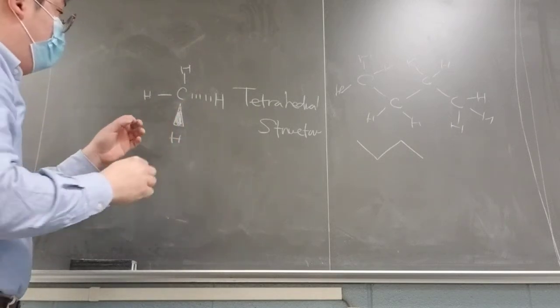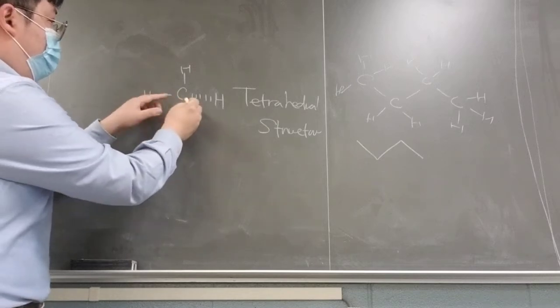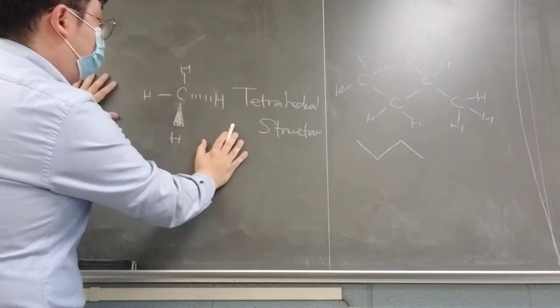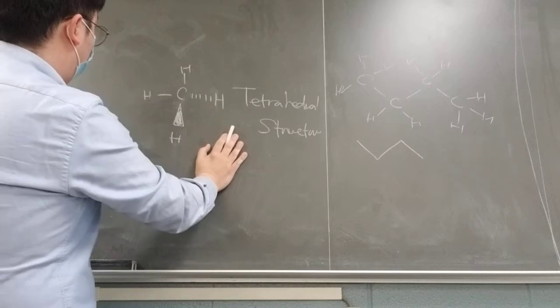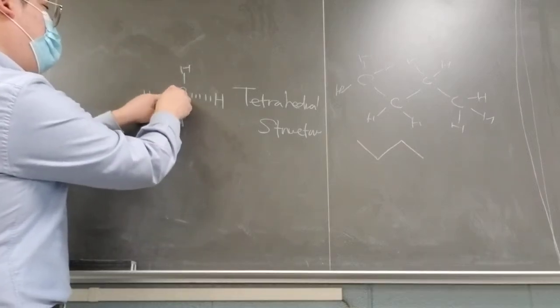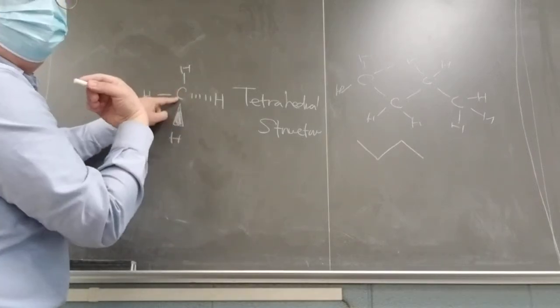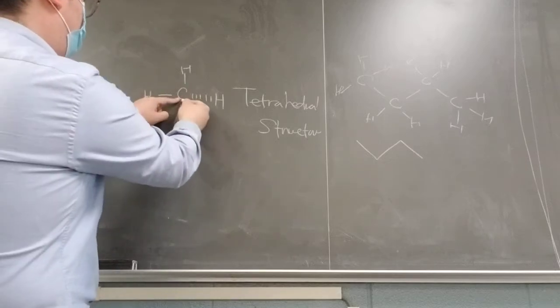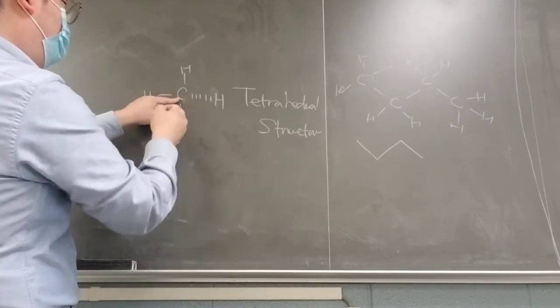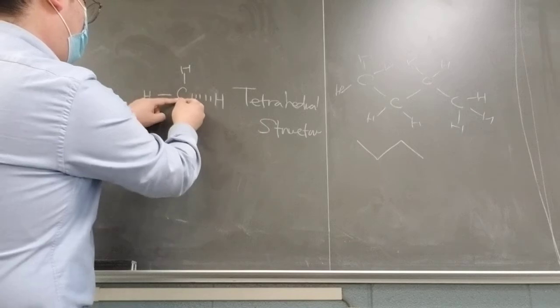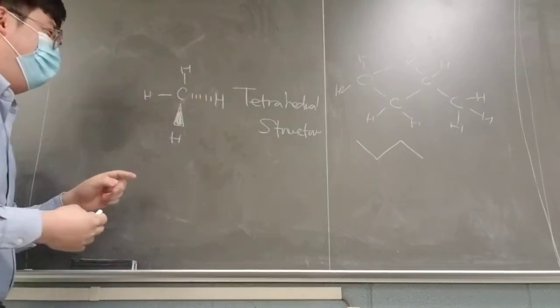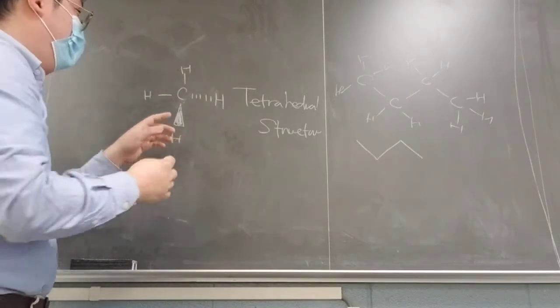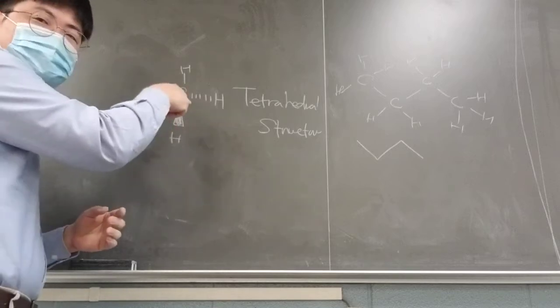Okay. But the wedge is dark, wider at the end. If this is 2D, those two are on the same plane, right? The wedge is heading toward you, forward, toward your face. Not literally your face, but somewhere near it. I hope that makes sense. And the dashed line is going back.